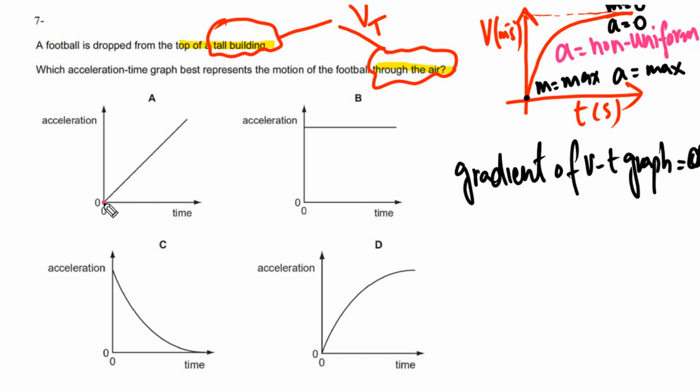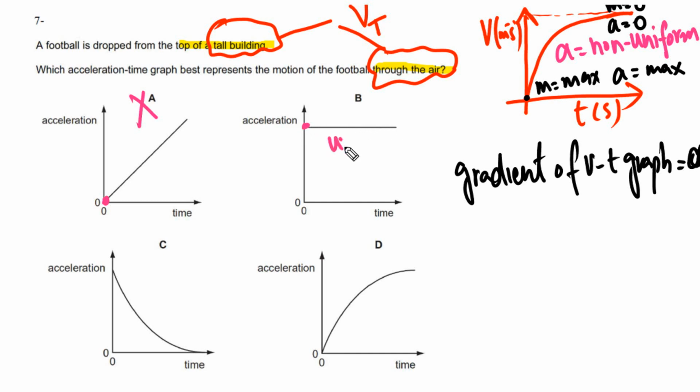Now if you look at this one, at the beginning a has to be maximum, but this one is telling you a is equal to 0. So this is not the best option. Option B is simply telling us that a is maximum, but it is not changing with time.